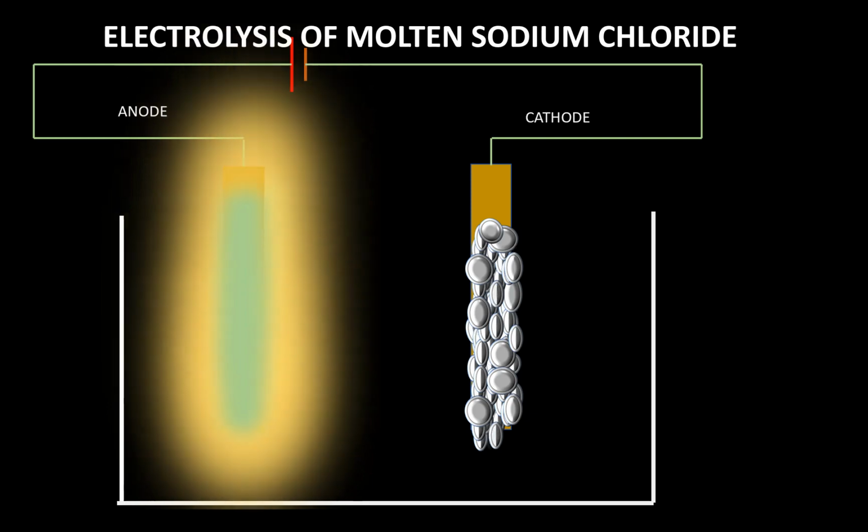So if you are electrolyzing sodium chloride, you can be sure about the products: the metal is sodium and the gas is chlorine.